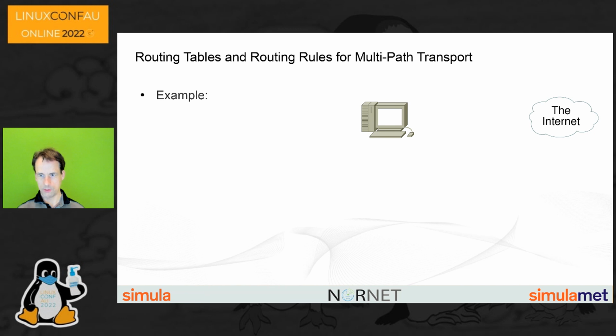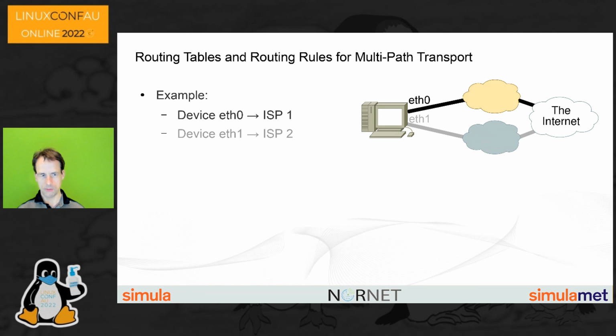We have a computer which is connected to the internet over an Ethernet interface ETH0. And obviously we want multi-homing and multipath transport. So we make a second connection over ETH1 to a second ISP. So does multipath transport with MPTCP now work? No, there's a bit missing yet.